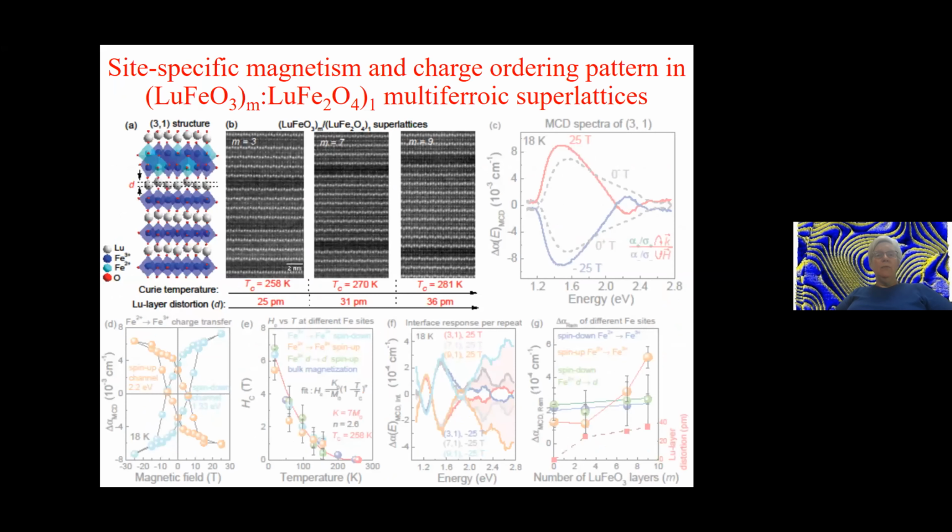Okay, so one of the things that we've been interested in is unraveling structure property relations in this family of materials, and then explaining the exact origin of this high temperature magnetic behavior. So it turns out that we studied three different lutetium ferrite superlattices.